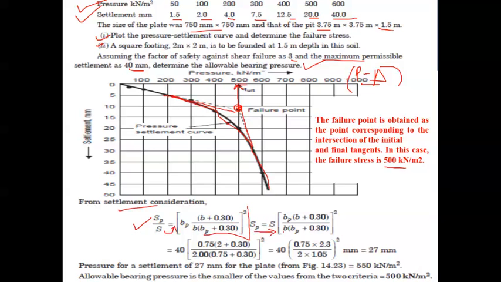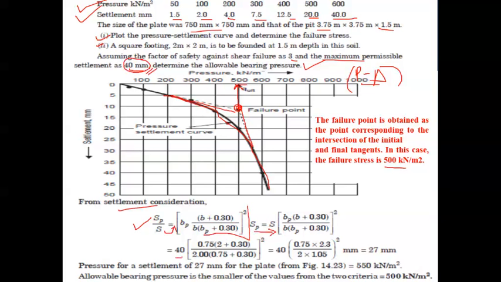Now substituting, 40 mm is the maximum permissible settlement given in this particular problem, although we take 25 mm in Indian standard condition. As it is already mentioned in the problem, 40 is the maximum permissible settlement in the field, so we equate S as 40.